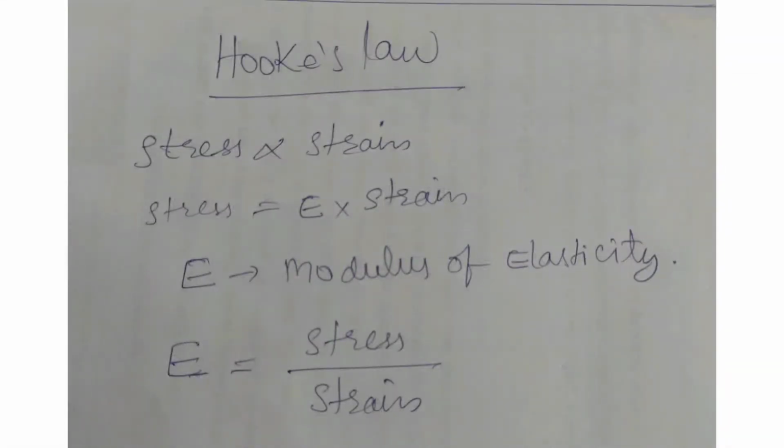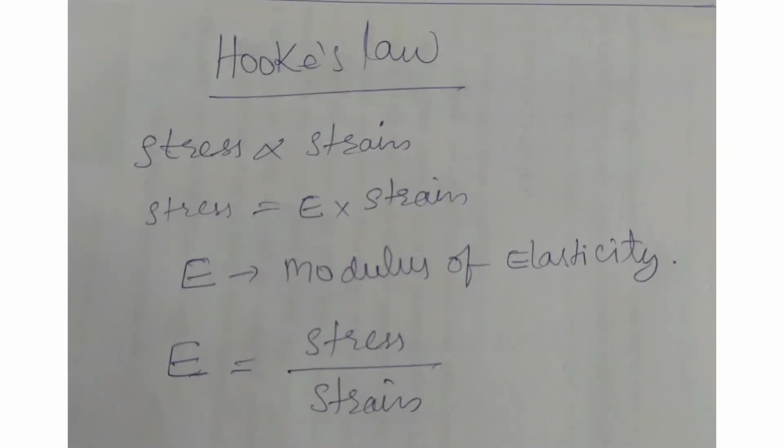Stress is equal to a proportional constant times strain, where the proportional constant is called the modulus of elasticity. Generally, modulus of elasticity is represented with capital E. So, stress is equal to capital E into strain.